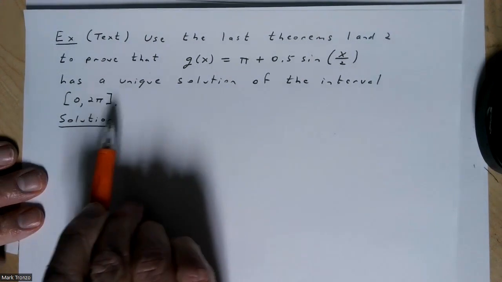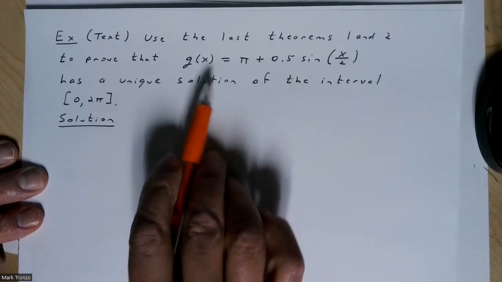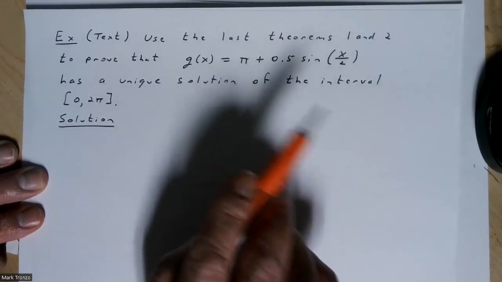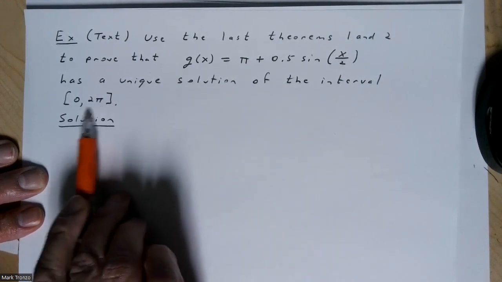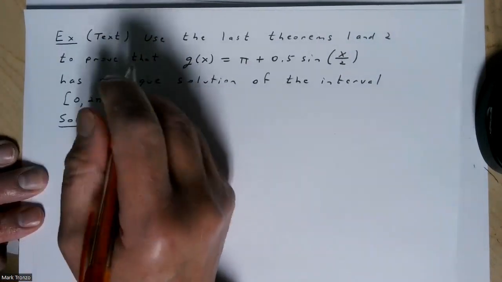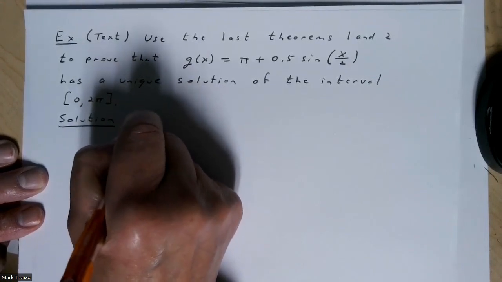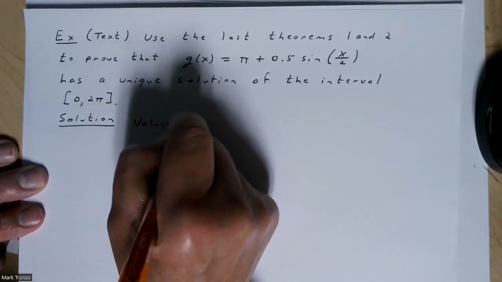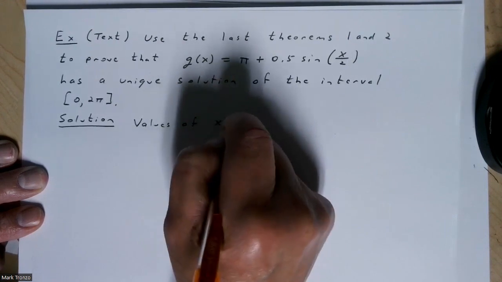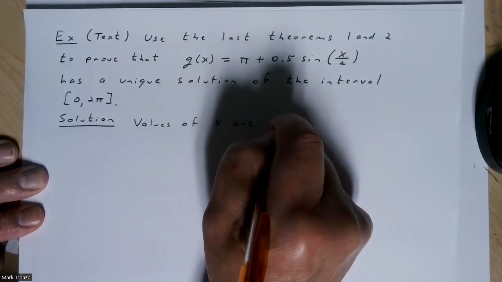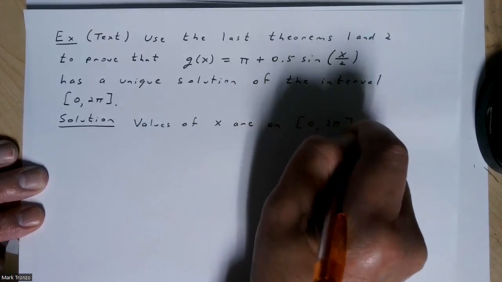So let's see what we have here. We have this interval 0 to 2 pi, and to be able to use our theorem, we want to show that the output is also going to be between 0 and 2 pi. So let me write that down. The values of x are 0 to 2 pi.